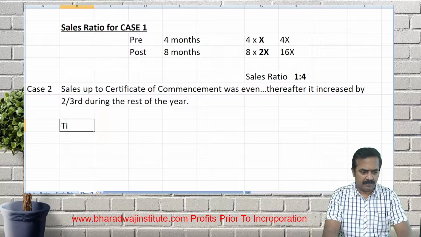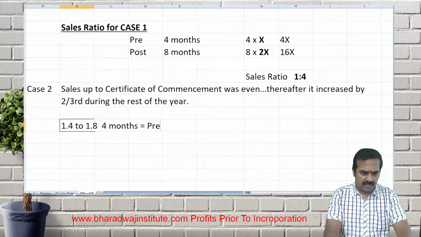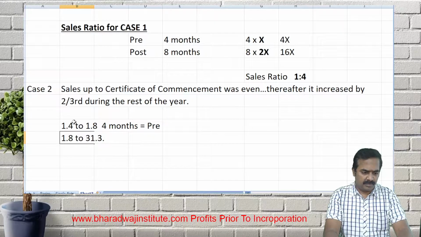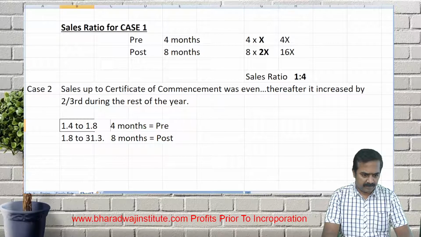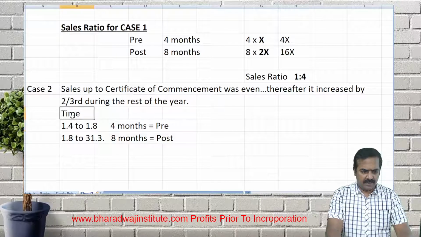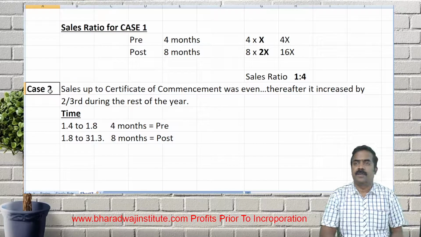Time zone: 1st April to 1st August, how many months? 4 months pre-incorporation. Then 1st August to 31st March, how many months? 8 months post-incorporation. Same, time ratio is the same. Time ratio is simple. There's no need to work out multiple problems. Only in the sales ratio can they add some complications.